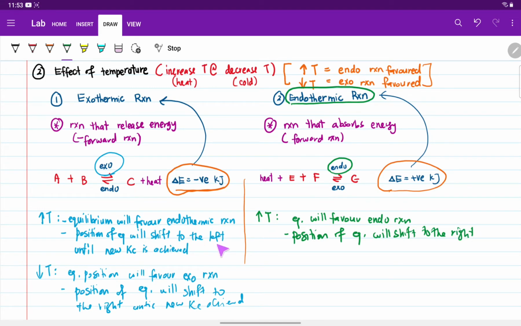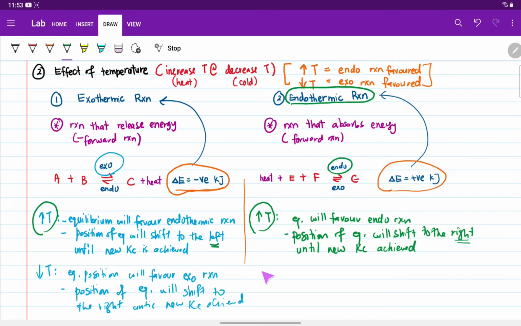Kalau dia exothermic reaction, increase the temperature, akan shift to the left. Tapi, bila endothermic reaction, okay, bila kita increase temperature, dia akan shift to the right. Sebab apa? Dia bergantung dekat mana kedudukan endothermic reaction dan dekat mana kedudukan exothermic reaction. Okay, so position of equilibrium will shift to the right. Sebab apa? Dia favor endothermic reaction. Sampai bila? Sama juga, until new Kc achieve.